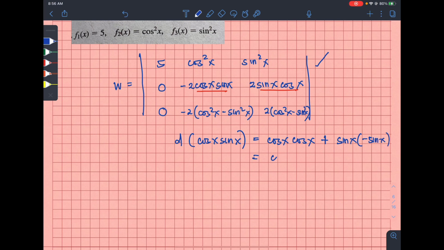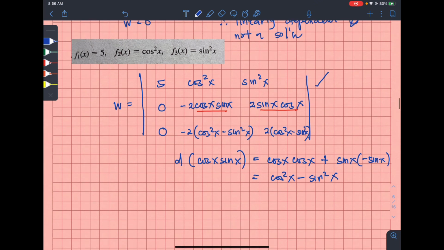That makes it cosine squared x minus sine squared x. Since there is a negative 2, that would make it negative 2 times cosine squared x minus sine squared x, and then cosine squared x minus sine squared x.